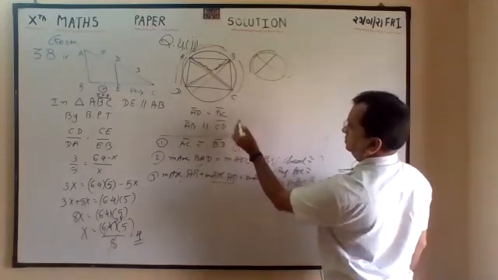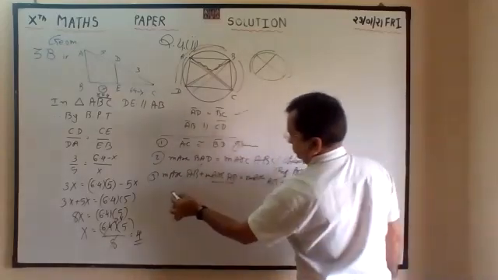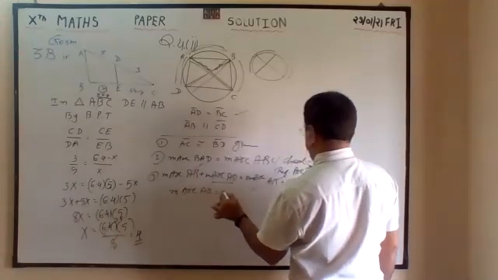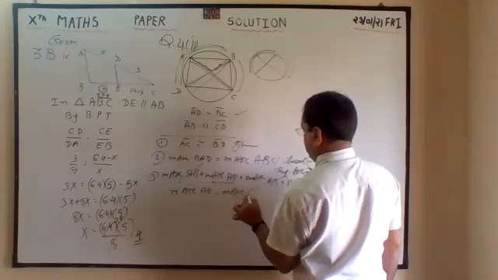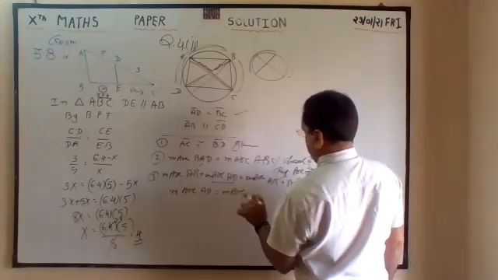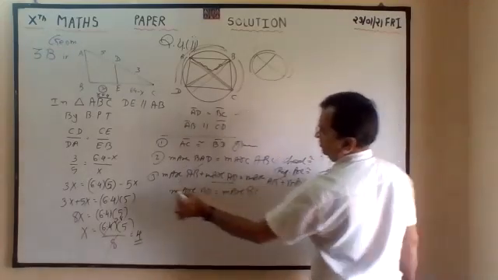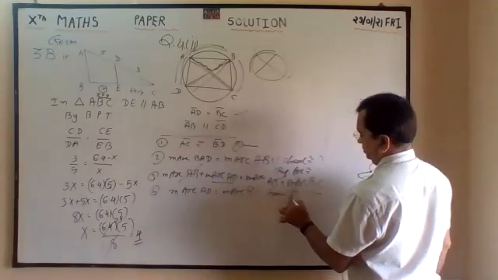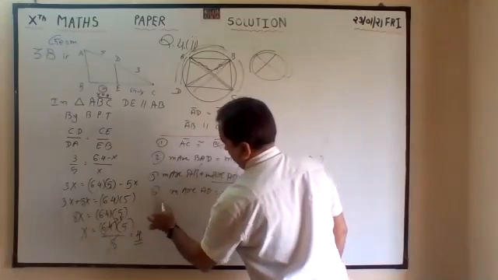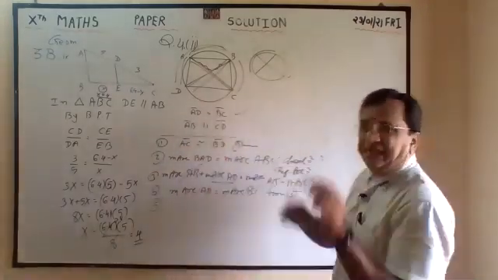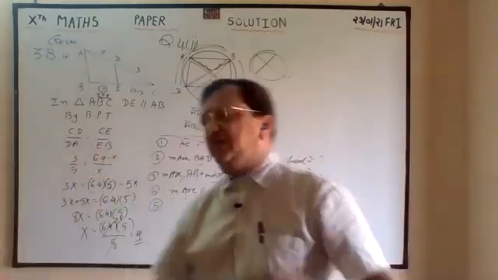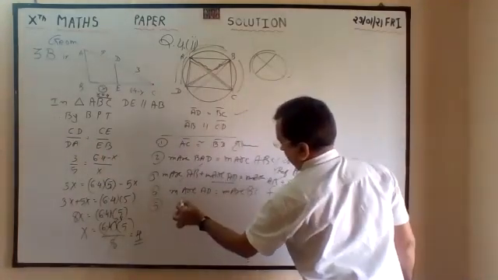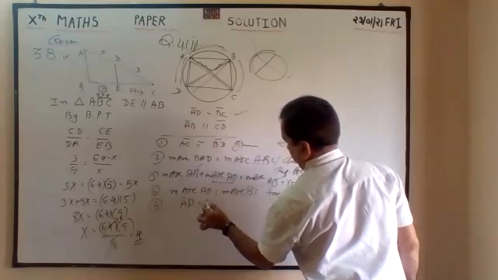That we want. So major arc AD equals major arc BC, from statement number 3. So if arcs are congruent, now opposite segments are congruent. Therefore AD is equal to BC.